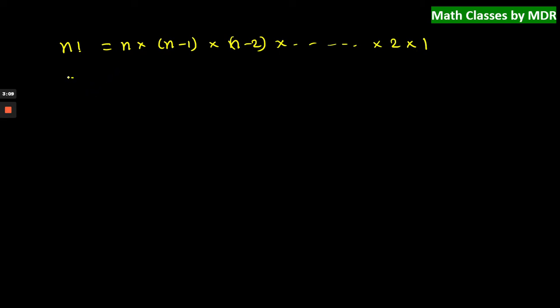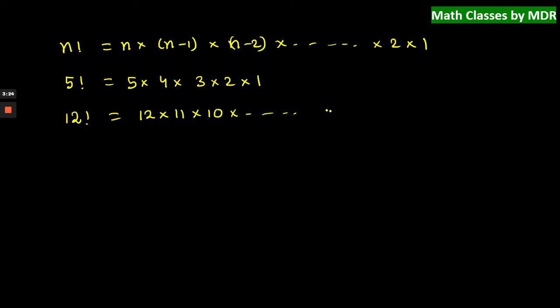It means that 5 factorial is 5 into 4 into 3 into 2 into 1. And 12 factorial is 12 into 11 into 10 and so on, until we get 3 into 2 into 1. That's the meaning of factorial.